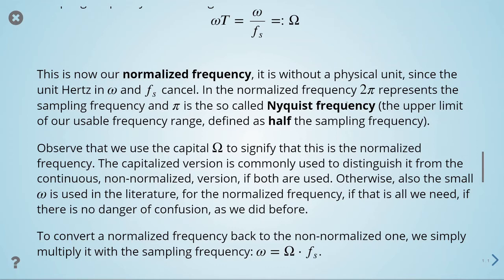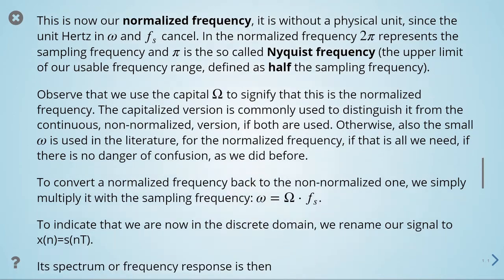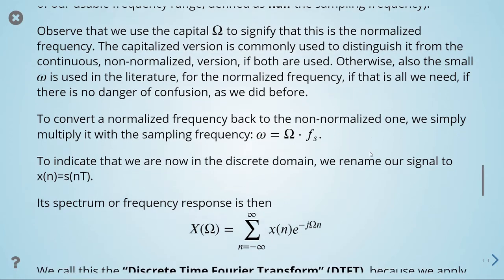But we are usually going to use the capital omega for the normalized frequency. To convert the normalized frequency back to the non-normalized one, we simply multiply it with the sampling frequency. So the small omega is equal to the capital omega, so this is normalized, times the sampling frequency.